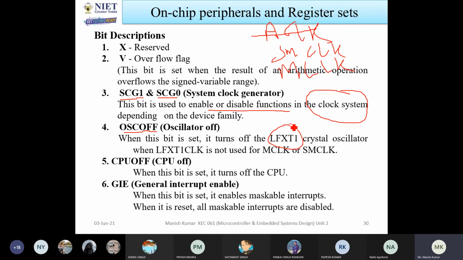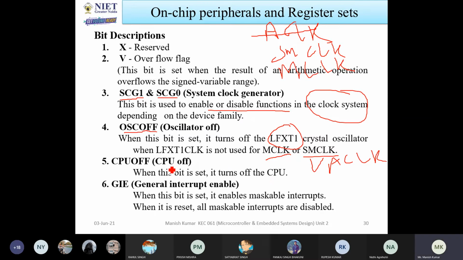We are not going to switch off all the clocks, only either the master clock or the SM clock. If you switch off all the clocks, the system will shut down, but I need the system to work. For the system to work, you need a clock. So when OSC off is set, the M clock or SM clock will be off, but at the same time the A clock will keep working.